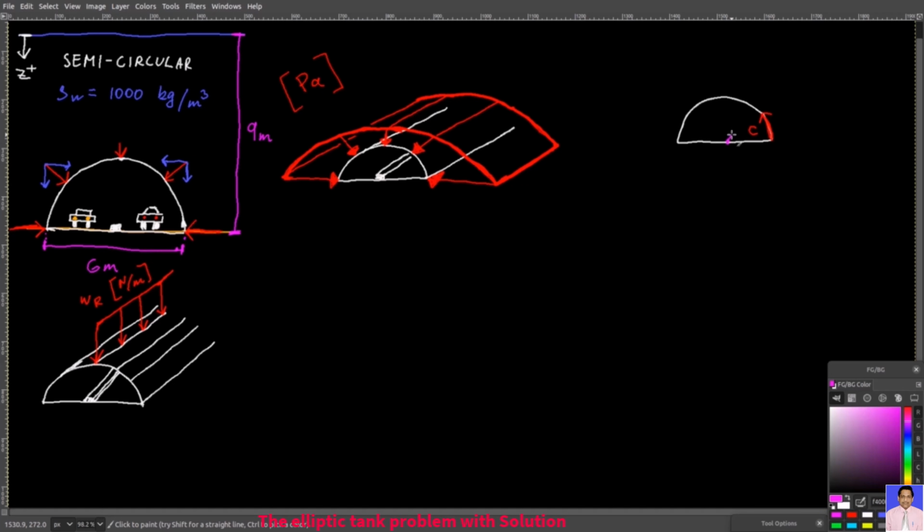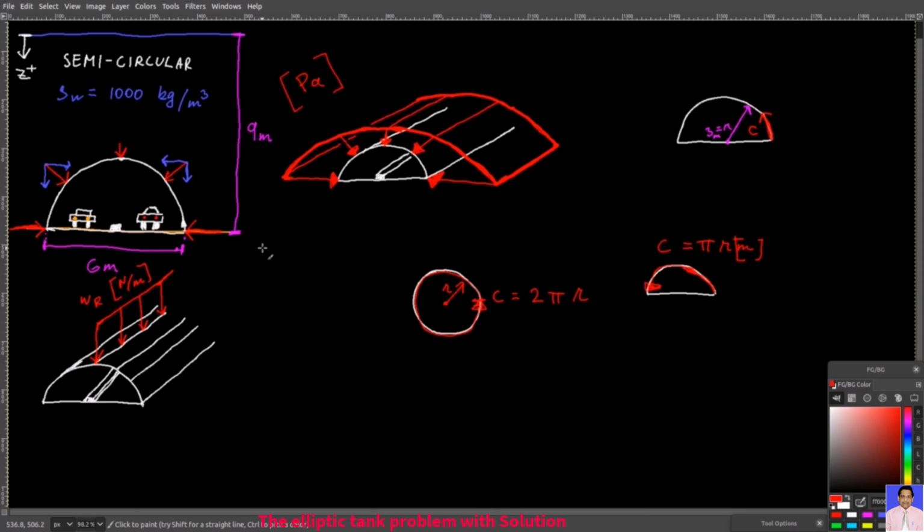It means that its radius equals 3 meters. Now the circumference of the total circle from here till here is 2 pi r meters, r being the radius of the circle. So the total circumference of the semicircle is pi r meters.